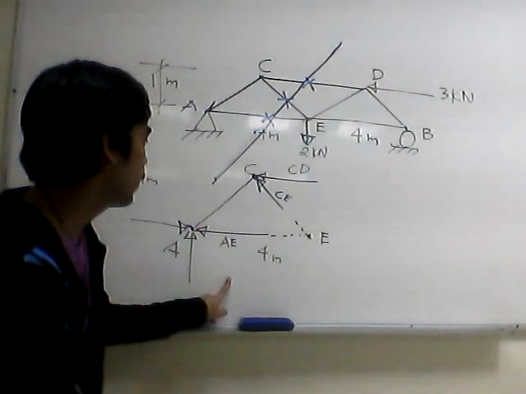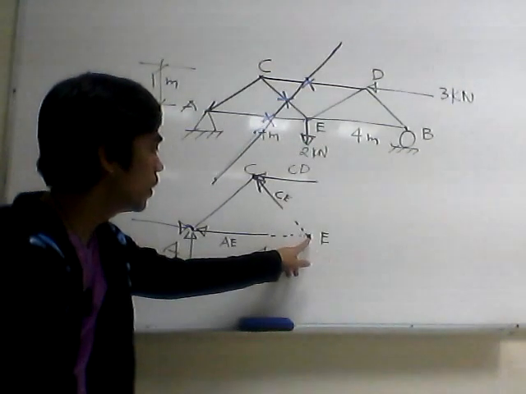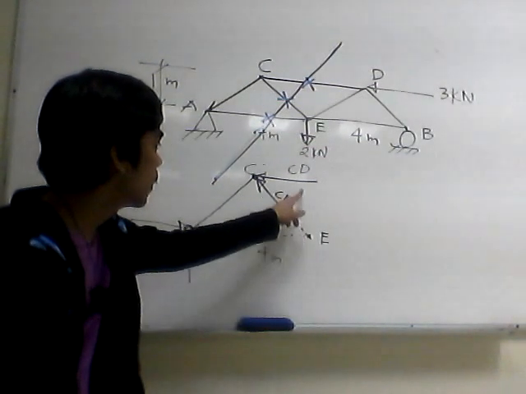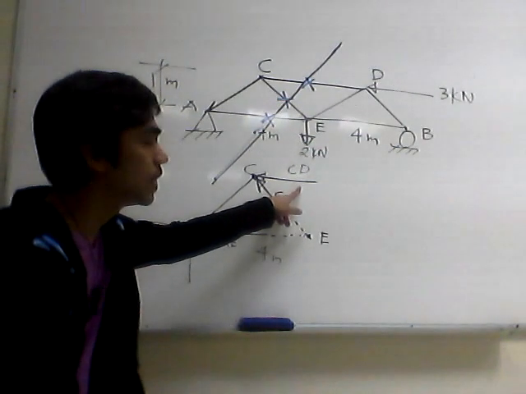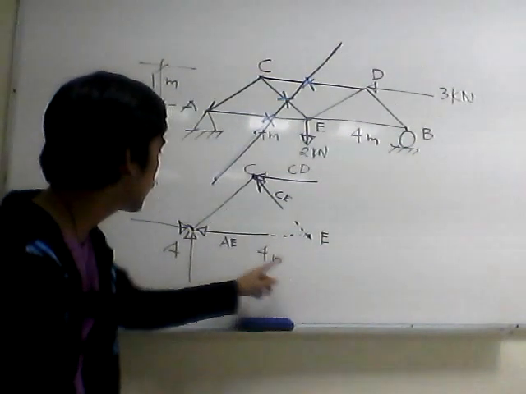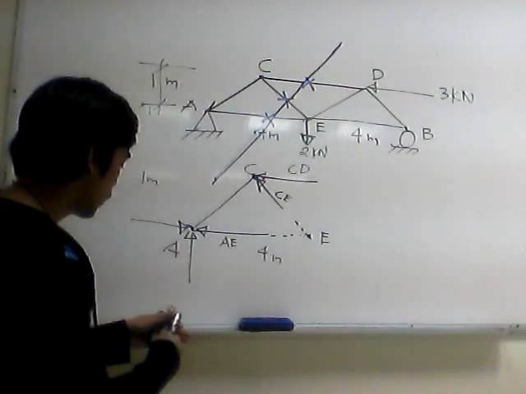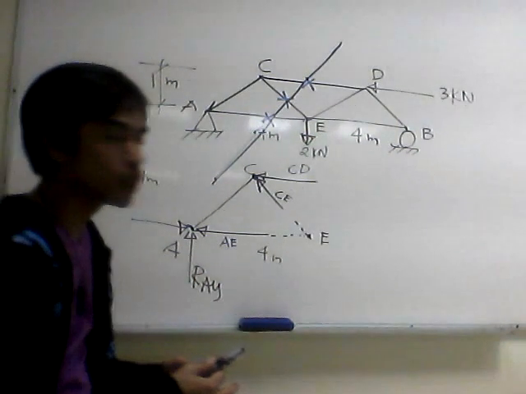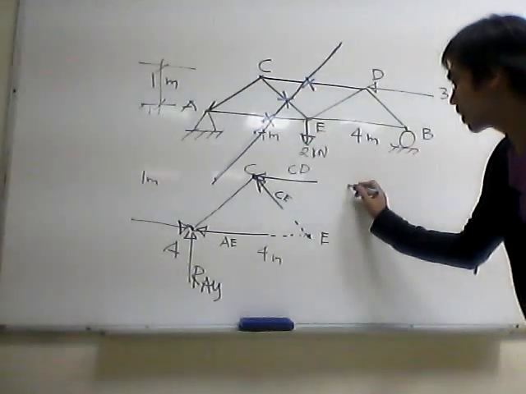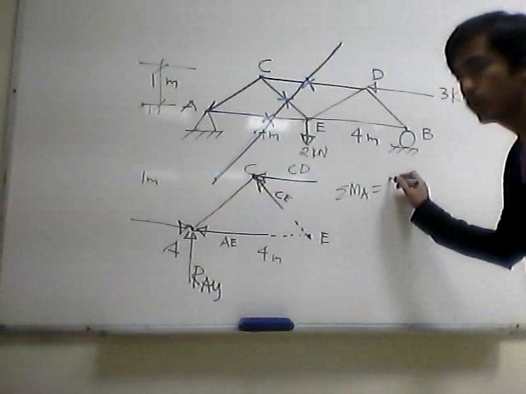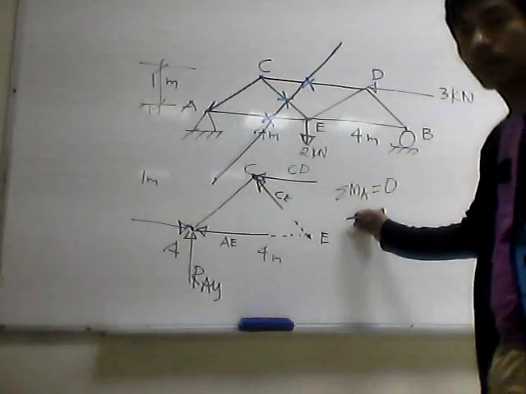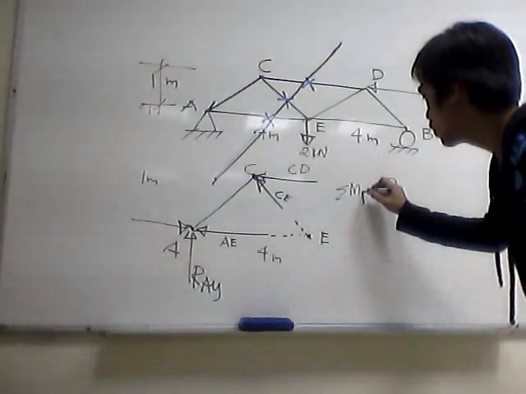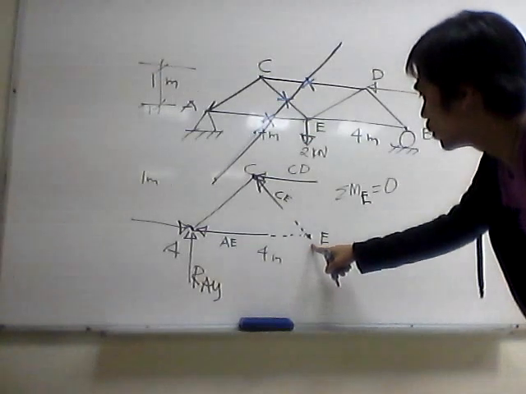By inspection, if we start summation of moment at E here, we can solve for the horizontal member CD, considering only the vertical reaction at RA. So our equation will be like this. Summation of moment at A equals to 0. No, it should be E. Summation of moment at E equals to 0.